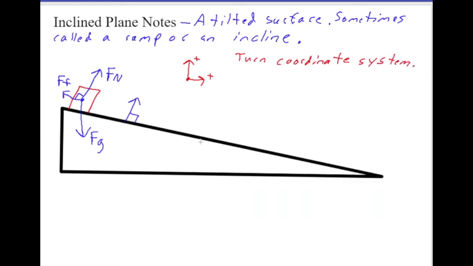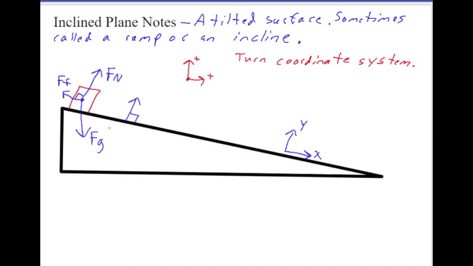When we turn this coordinate system, we're going to make it so that our coordinate system is parallel and perpendicular to the incline. So here's my new coordinate system. I notice that my x direction is now parallel to the incline, and my y direction is now perpendicular to that incline. By doing that, it's going to make force normal align in the y direction and force friction align in the x direction.